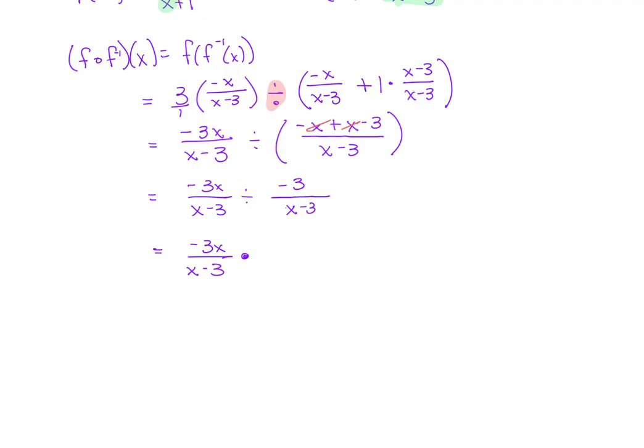We're going to change our division to a dot, and we are going to flip our second one. And then we want to cancel. So we can cancel x minus 3's, we can cancel the negative 3, and the only thing that is left is x.